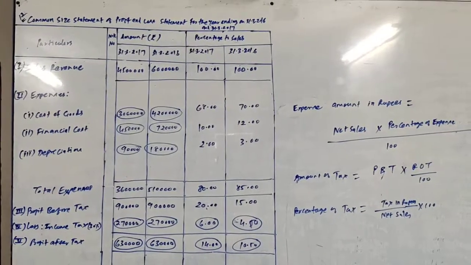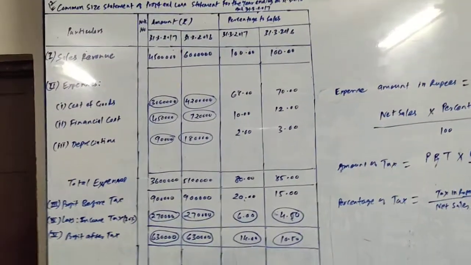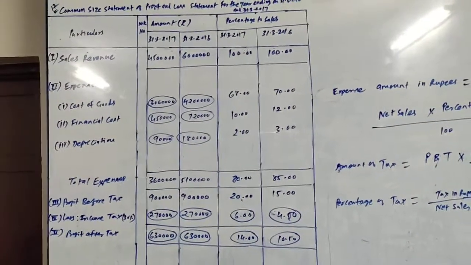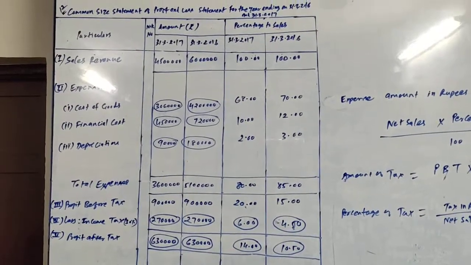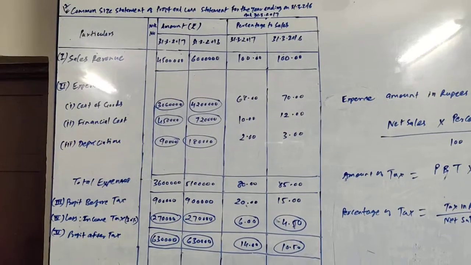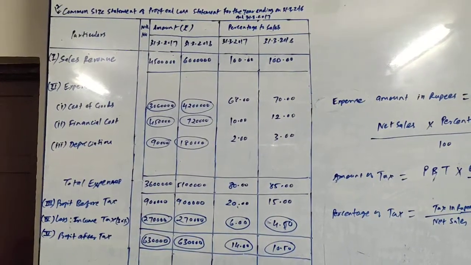Thank you. If you want to do the comparison, you can see that in the year 2017 sales is 45 lakh, and in the year 2016 it was 60 lakh. So there is a decrease of almost 25%.